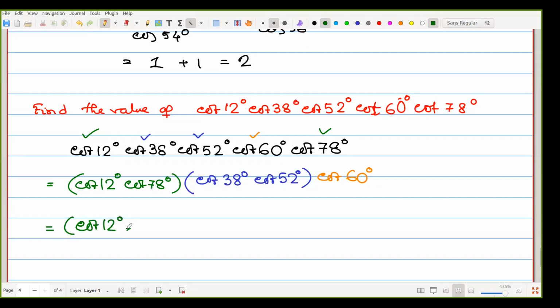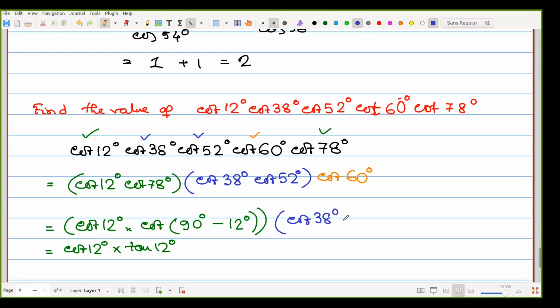So the very first one, cot 12 degree into cot 78 degree. We can write it as 90 degree minus 12. Okay. And that one is now becoming cot 12 degree into tan 12 degree. Next one, cot 38 degree into cot 52 degree.